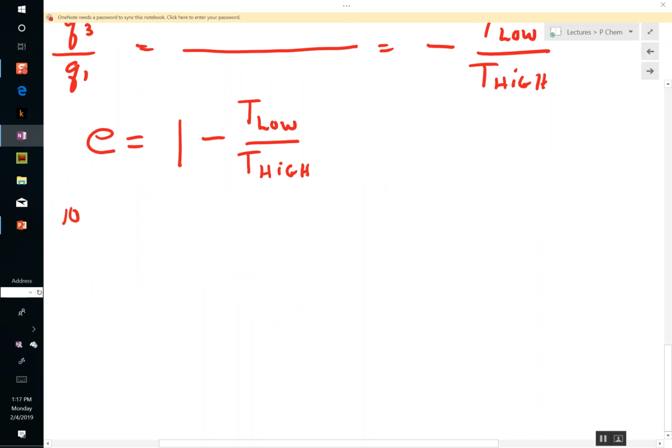So number 10. This would actually flow off of the first definition of efficiency.